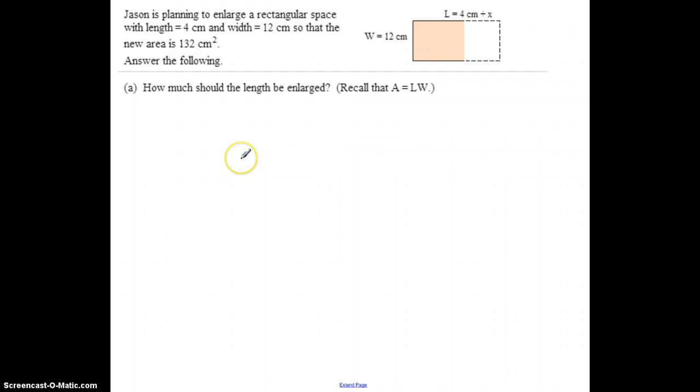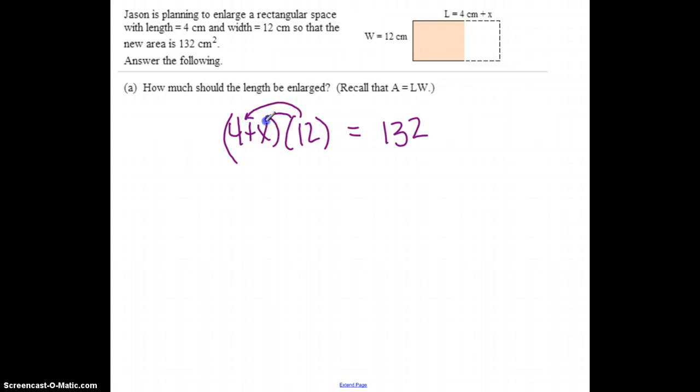Okay, now Jason's planning to enlarge a rectangular space with the length 4 and the width of 12, so that the new area is 132 centimeters squared. So that means if I do length times width in this one, the only difference is length is going to be 4 plus x times 12 equals 132. I remember distributing.